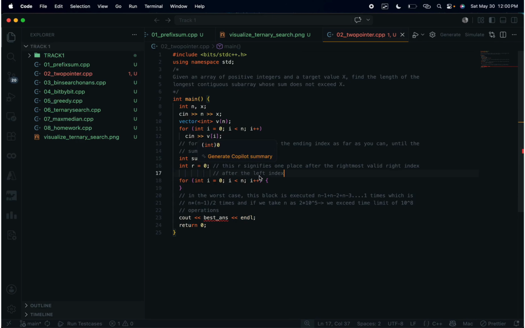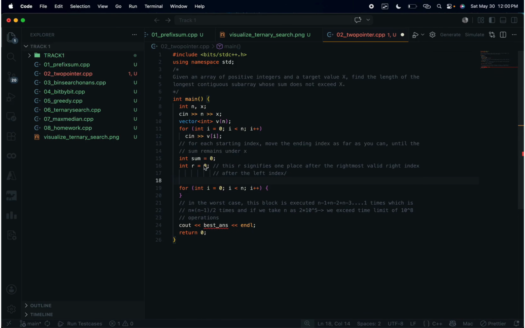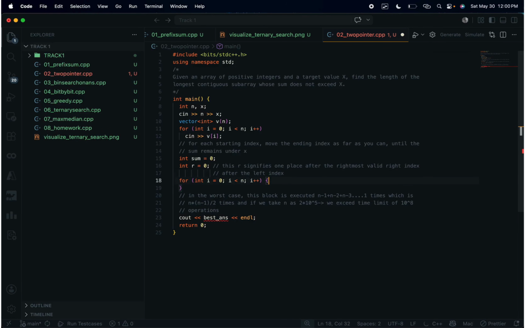So for I equal to 0, I'm going to try pushing R as much as possible to the right until this sum condition gets invalidated, or the R reaches the end of the array. The reason why I'm saying R signifies one place after is so that suppose the current subarray is empty, then I can just say that if L equal to R, then the subarray is empty, and you'll see that later.